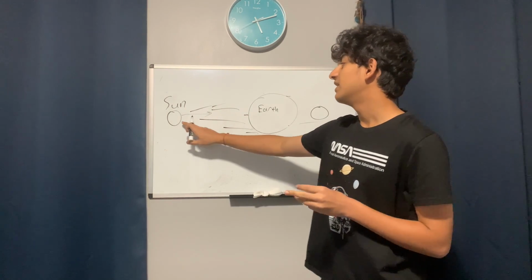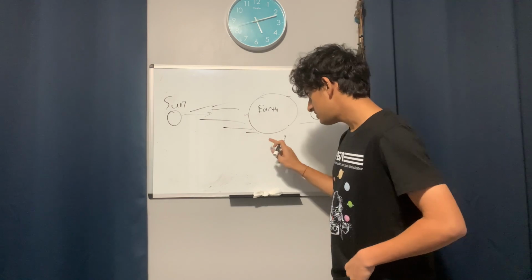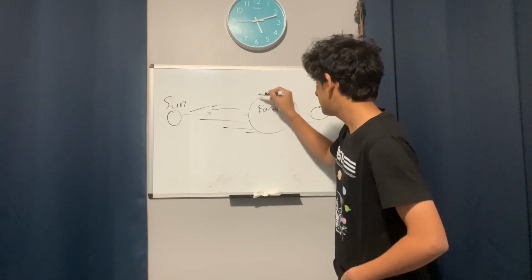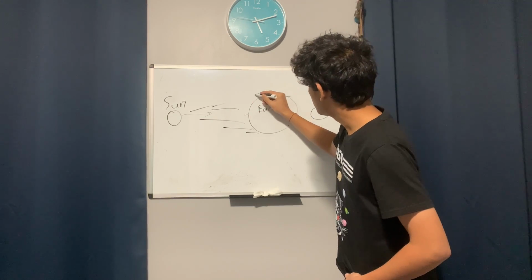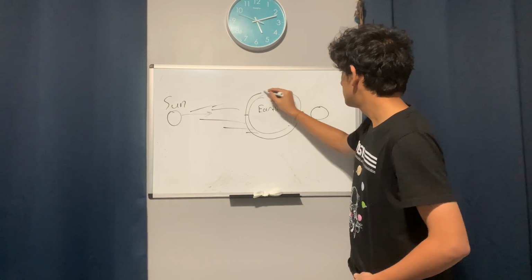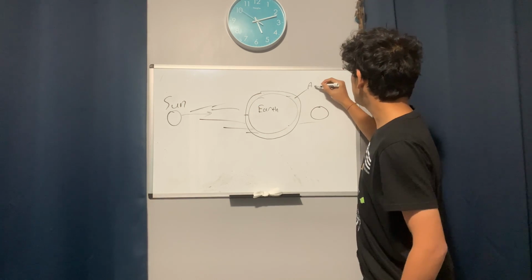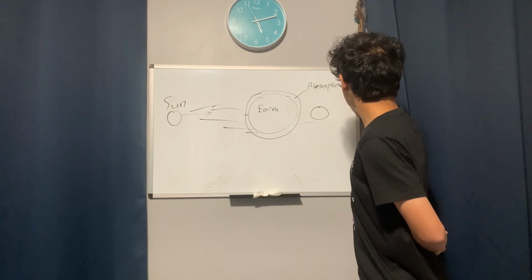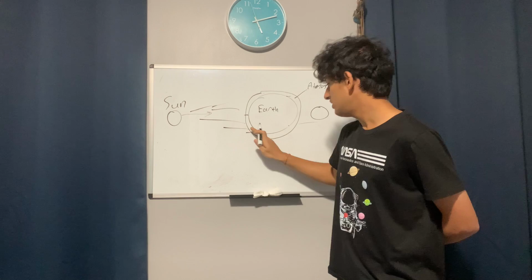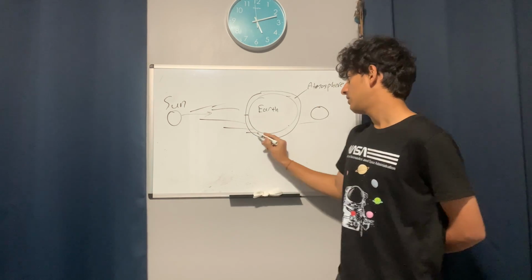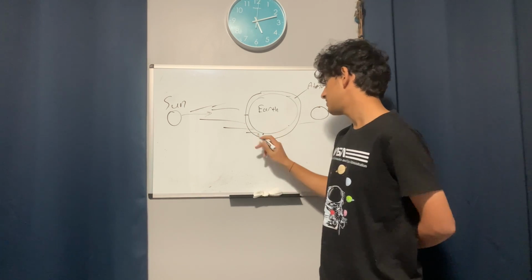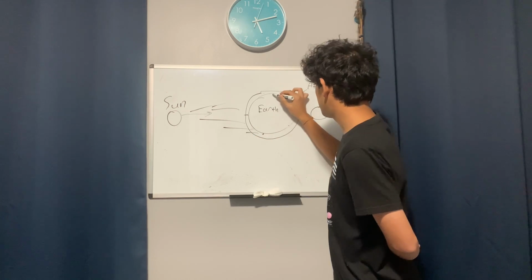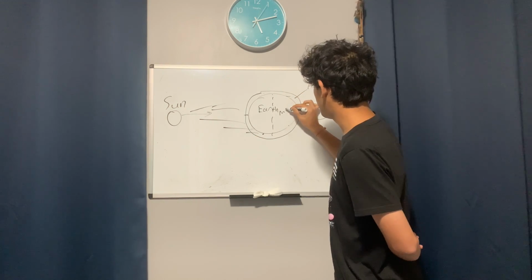And therefore, the blue light doesn't have to scatter too much, and it can just get to our eyes quickly. However, during a sunset, when we're over here, we'll make another ring over here, and then we'll call this the atmosphere. So now, in this ring or the atmosphere, if we're over here, which is about sunset, and over here we'll have night.